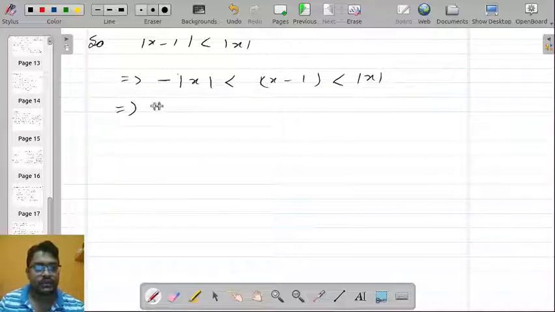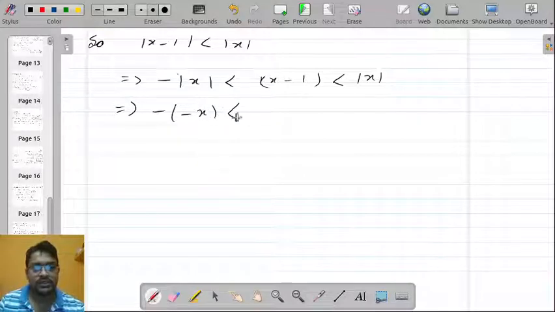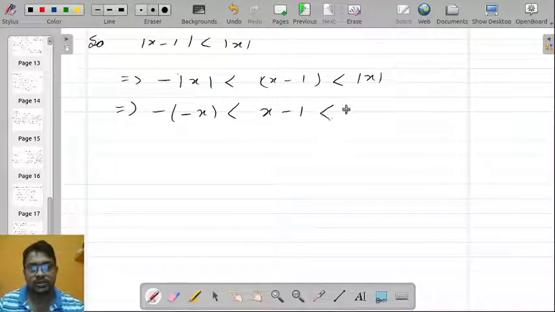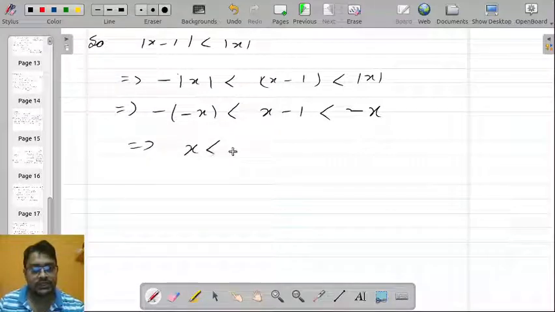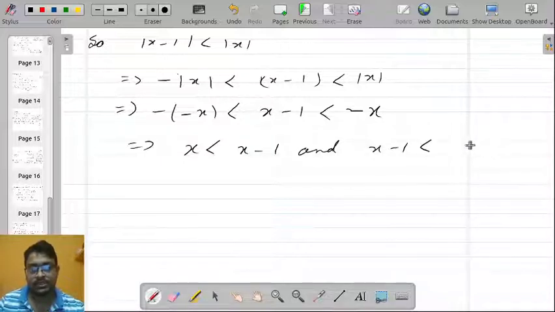But x is negative, so mod x is actually minus x. So it's minus of minus x is less than x minus 1, and this is less than minus x. So this implies x is less than x minus 1 and x minus 1 is less than minus x.